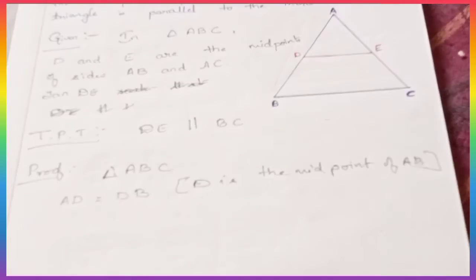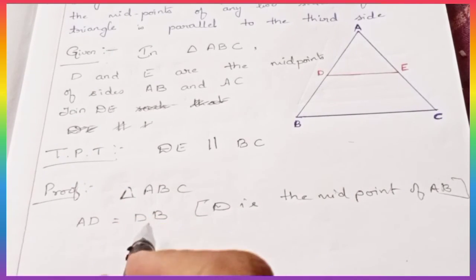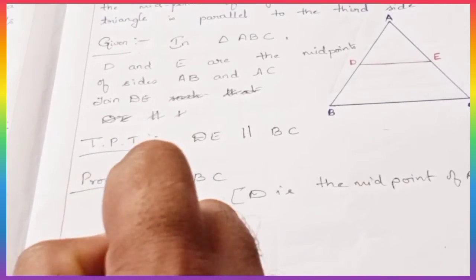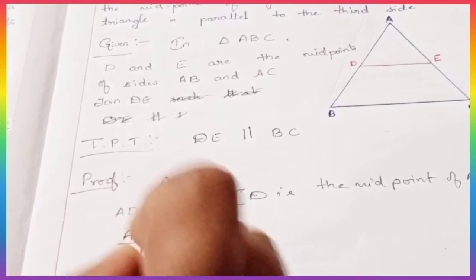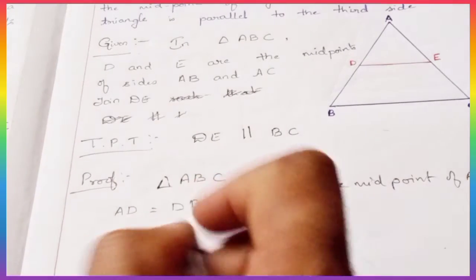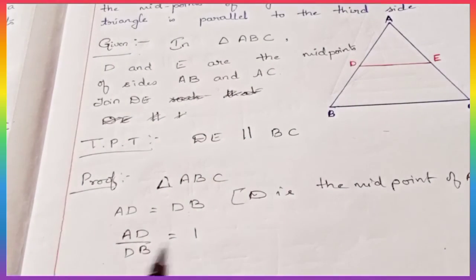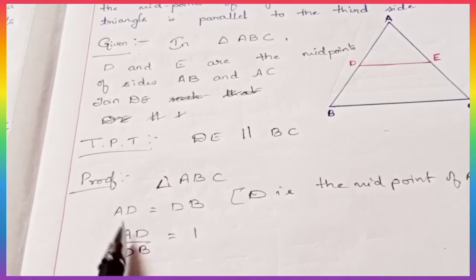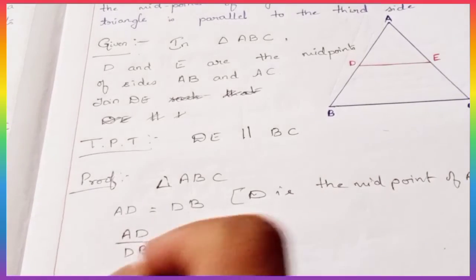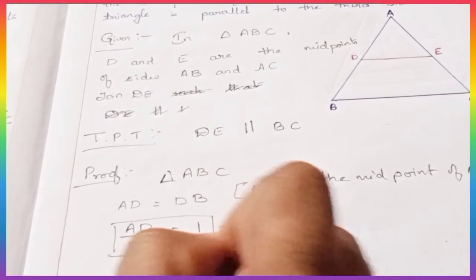So we can write this in the form of AD by DB. I am going to take DB to the other side of the equals, so it becomes a division and the whole will be equal to 1. Or you can also divide both sides by DB. So AD by DB is equal to DB by DB, and DB by DB is equal to 1. We'll consider it as equation 1.